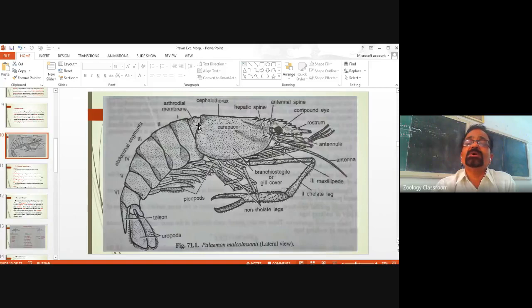Here this is the abdominal region, and its appendages are in the form of pleopods: first, second, third, fourth, and fifth. Five pairs of pleopods, and the sixth segment also bears one appendage which is called uropod. So collectively, there are six segments in the abdominal region.